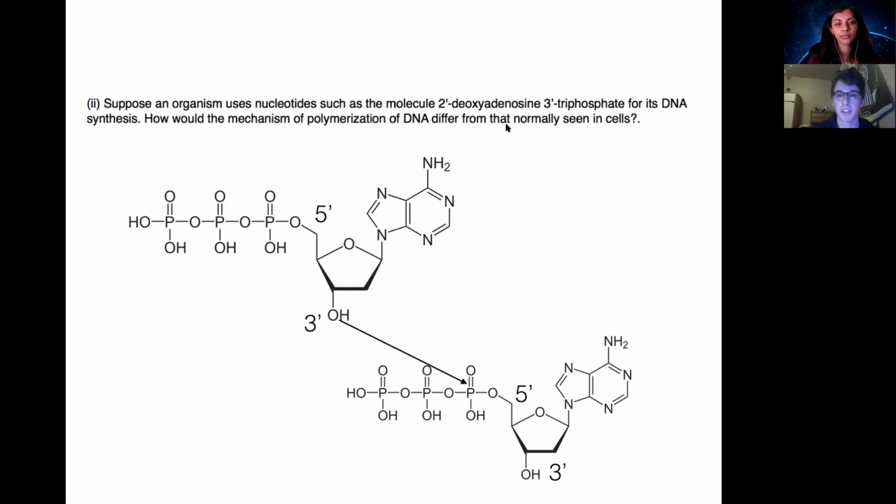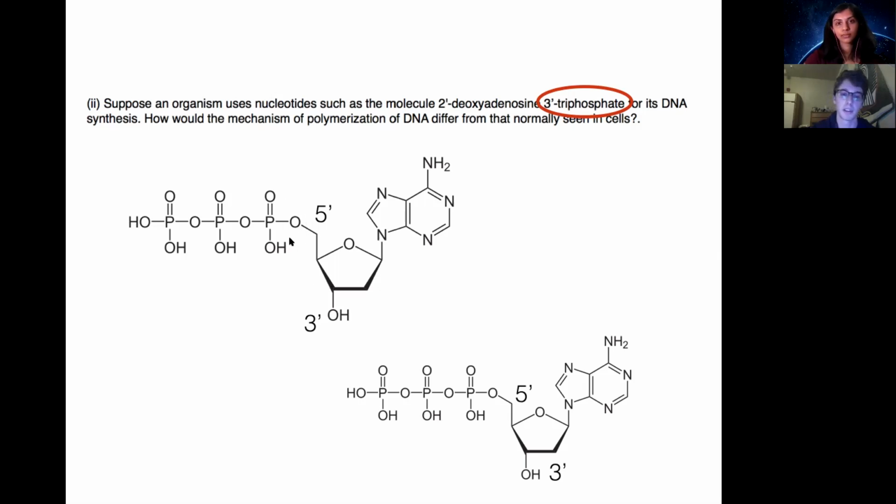So for this question, if you look at the name of the molecule, you'll notice that it's a 3' triphosphate, which means you can imagine that this 5' triphosphate is now on the 3' end, but the hydroxyl is still going to be the one that acts as a nucleophile.